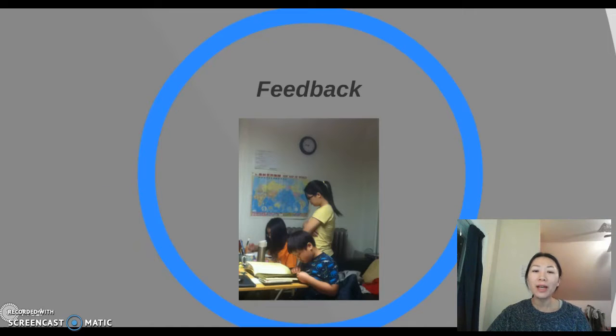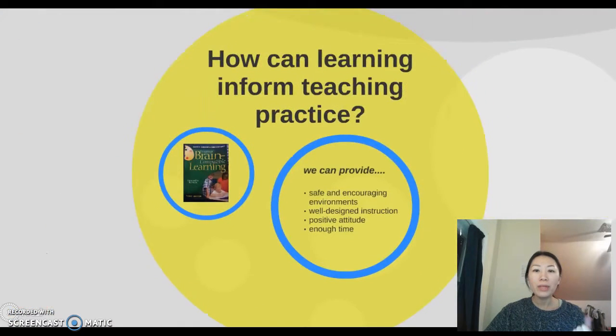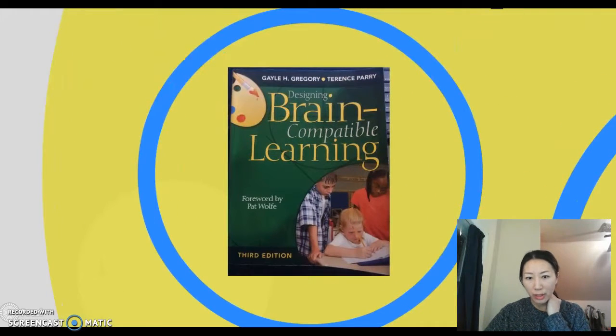So we understand that we learn through feedback, self-reflection, and our sensory organs. People will then ask, how can learning inform teaching practice? Through this week's book, which is very good, I believe most teachers or pre-service teachers recognize that the environment is really important to students, especially when they are in a good mood.